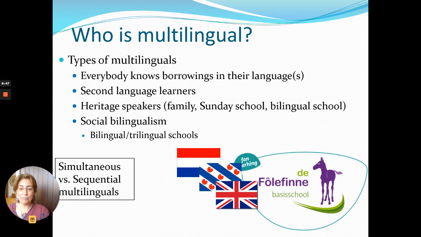So parents liked that their kids were learning Dutch and Frisian, but they really liked that they would be learning very good English, because that's a hot thing to do here in the Netherlands. So many parents would choose a trilingual school over a Dutch-only school on the basis of this support for English.